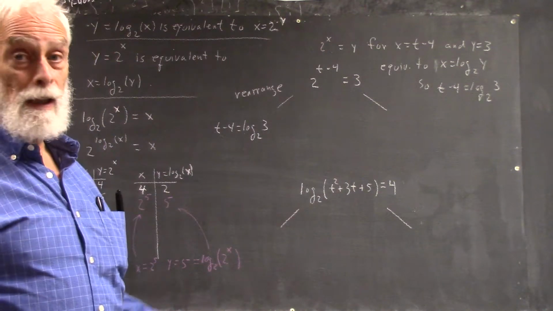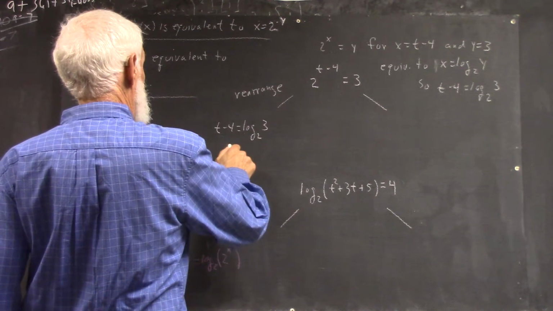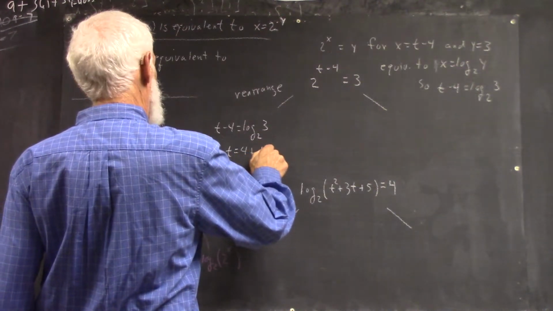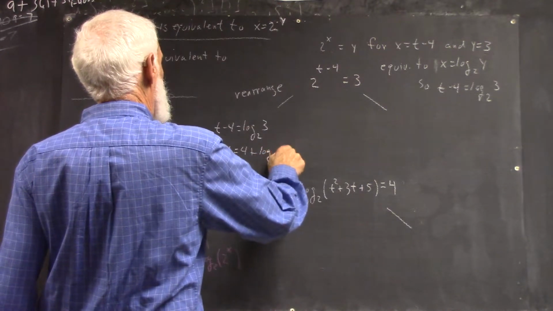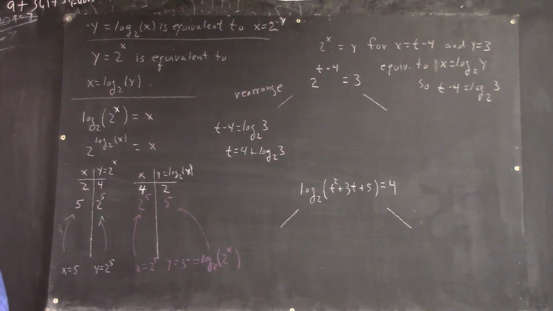You add it to both sides, okay? So, anyhow, you do that, you get 4 plus log base 2 of 3, and you go to your calculator and get log base 2 of 3. Remember how to do that?